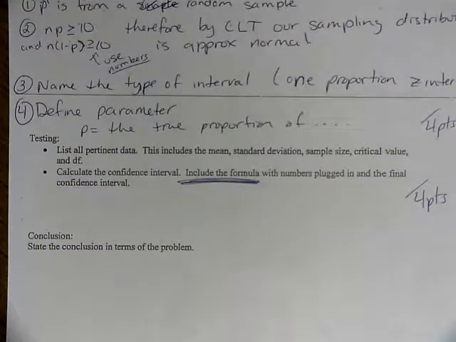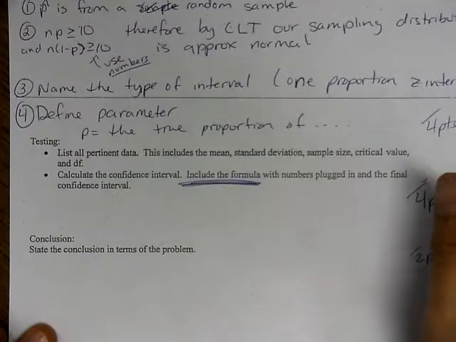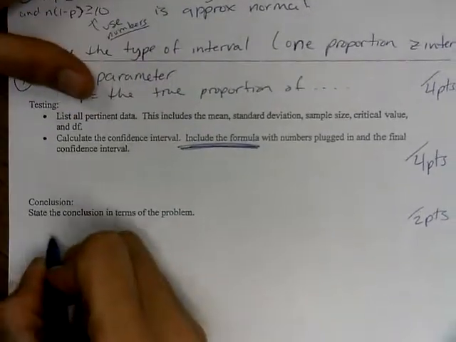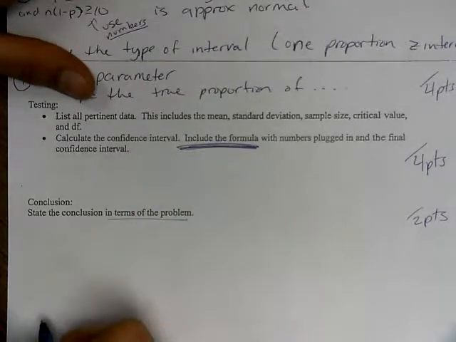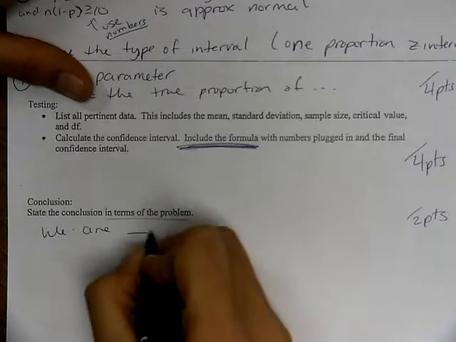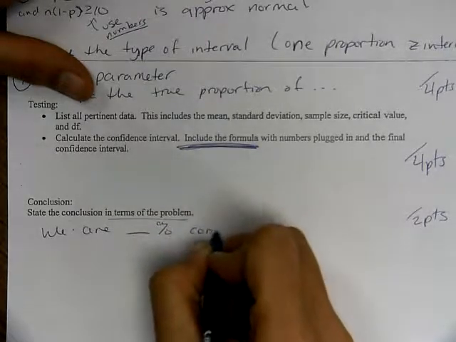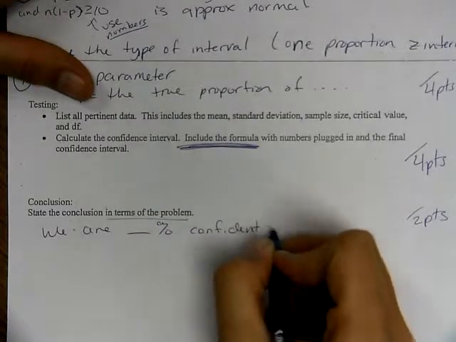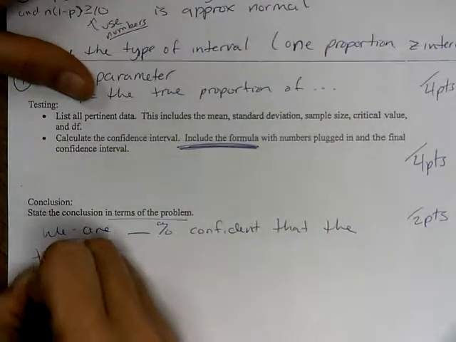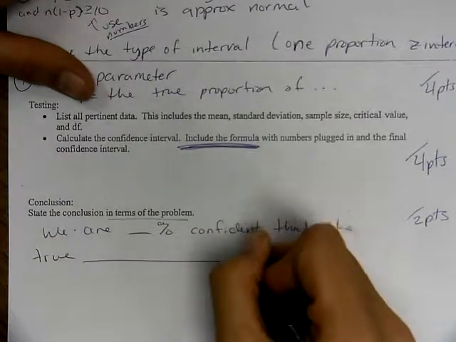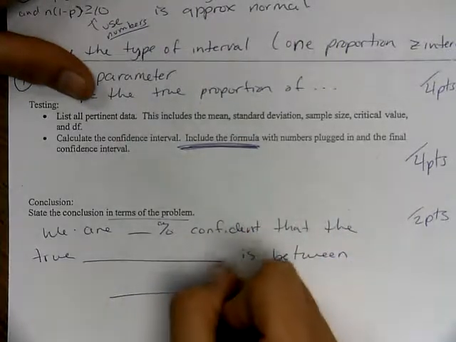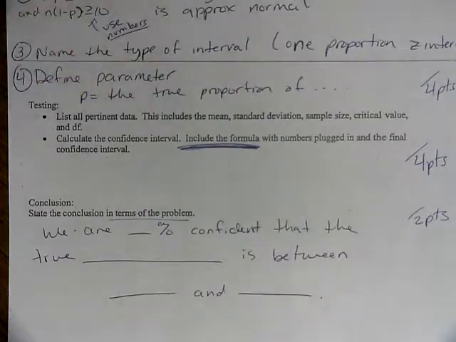And then your conclusions, usually 2 points. Again, it's really a fill in the blank from yesterday. Make sure you do it in terms of the problem. So we are blank percent confident that the true whatever is between whatever and whatever.